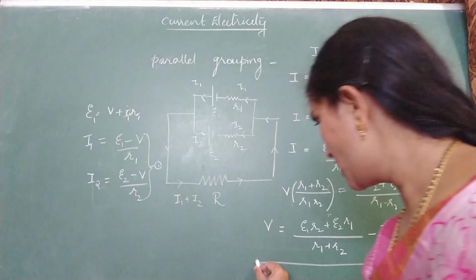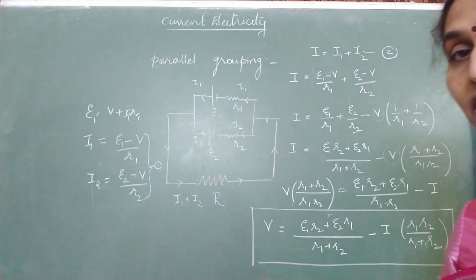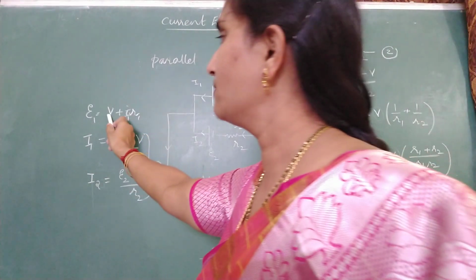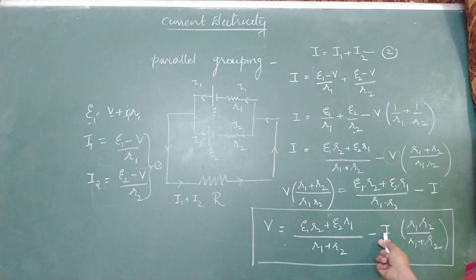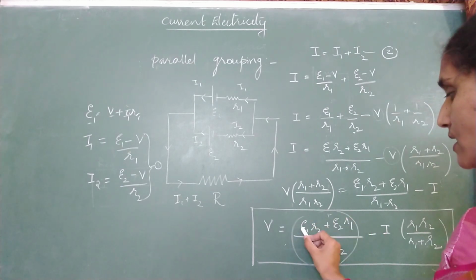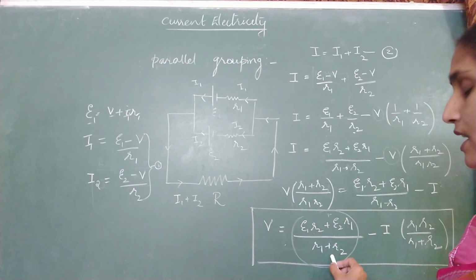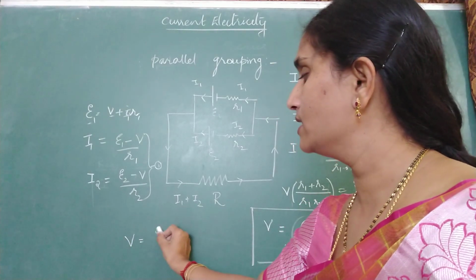If you carefully observe this equation and compare it with our general relation between terminal voltage and EMF, V is equal to E minus I into R, this term, (E1 R2 plus E2 R1) by (R1 plus R2), is playing the role of equivalent EMF.